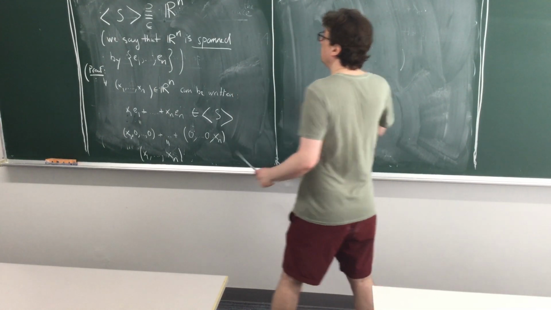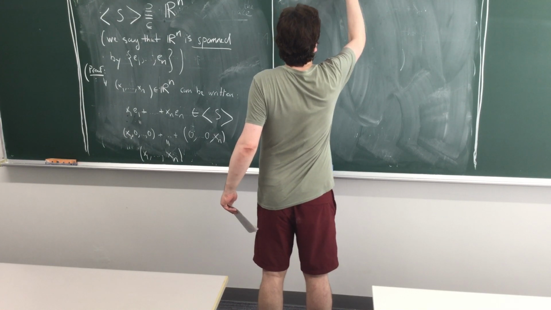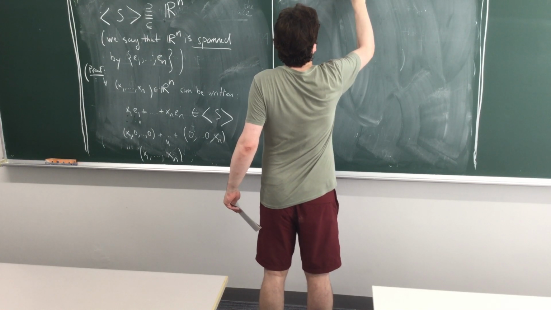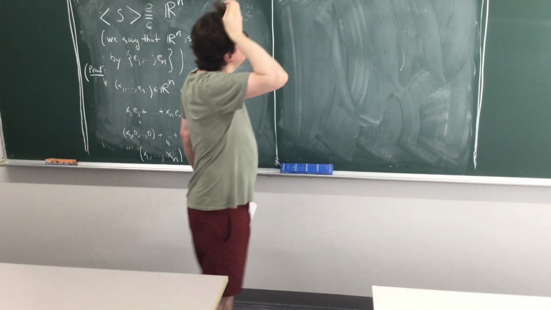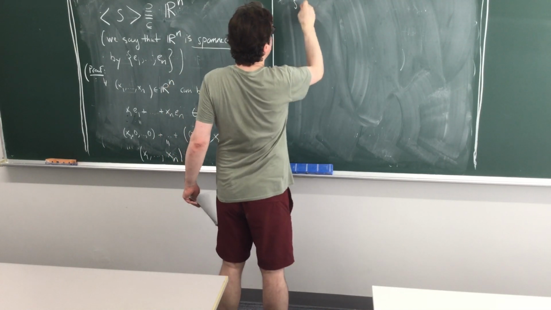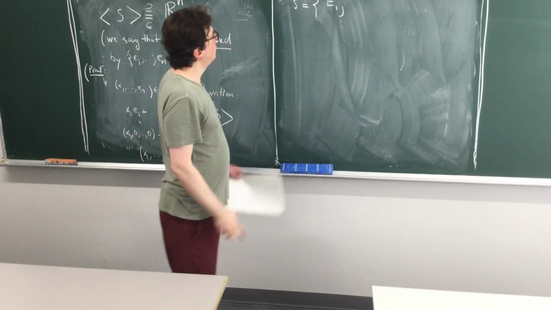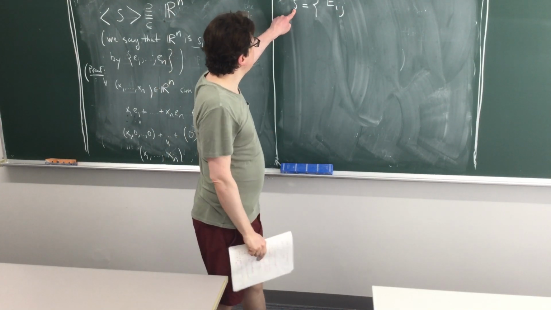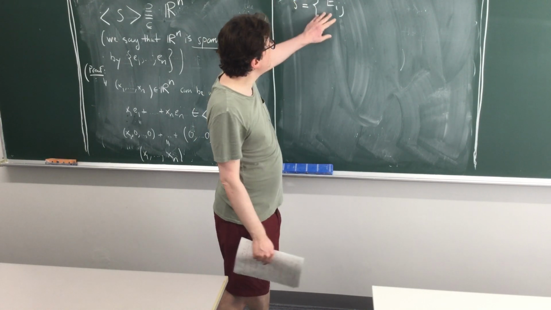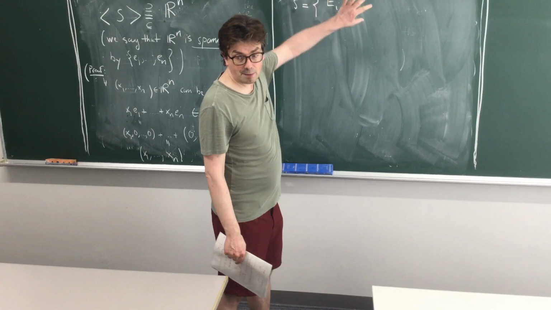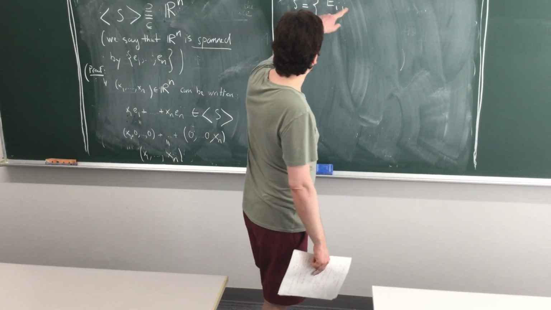So the second example I would like to give is V equal to Mat_{m×n}(R). Now in this case we consider S, a subset of V, which means that the elements of S must be matrices with m rows and n columns. I'm going to call these matrices Eij.